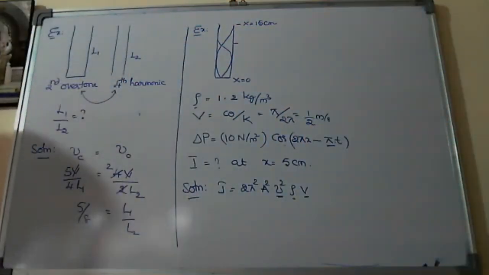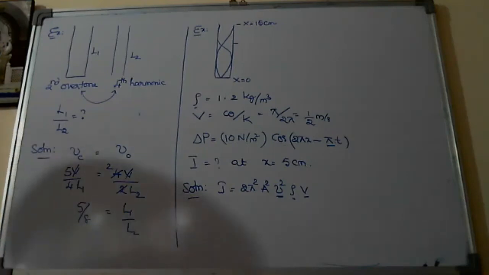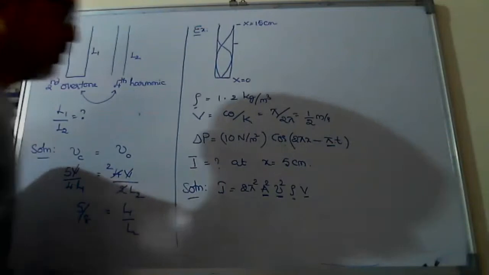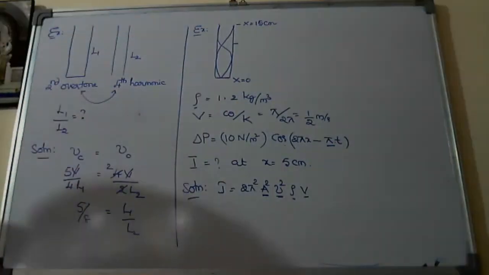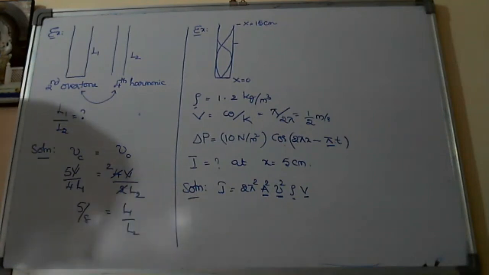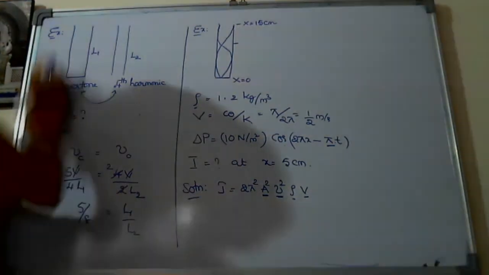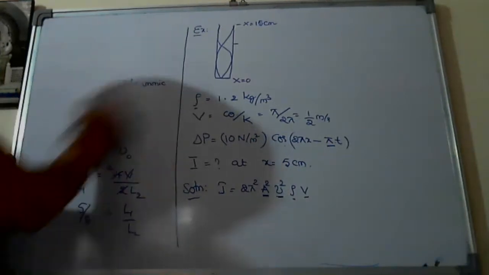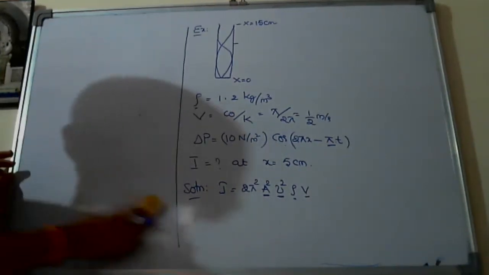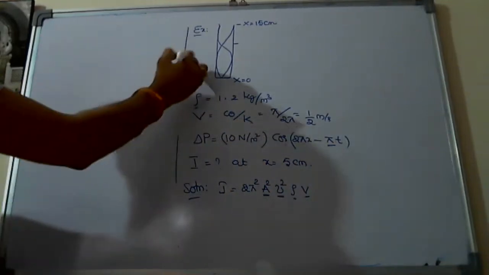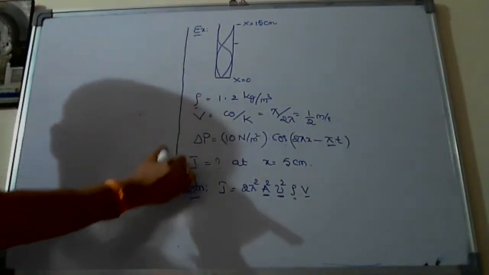So the only thing is, amplitude we don't know now. That amplitude we have to find. How to find the amplitude? In a numerical, using some common sense, we can solve it.